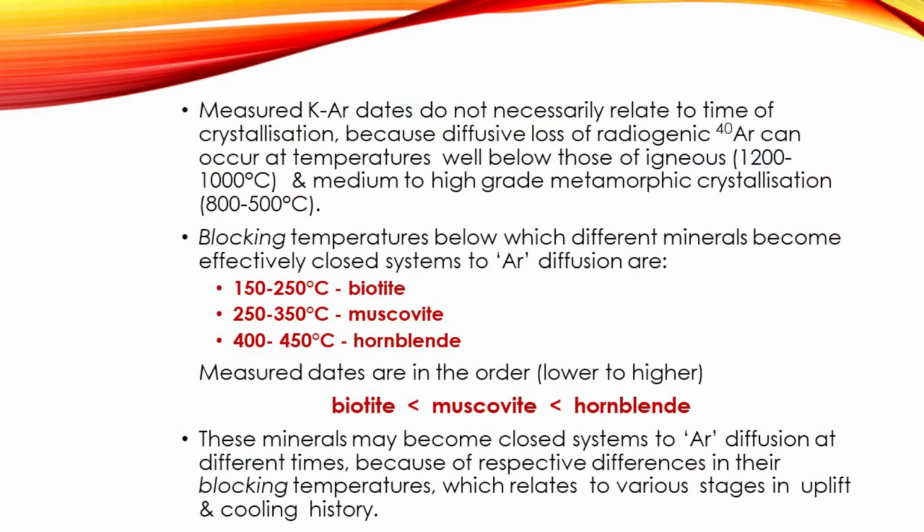between the individual grains. The measured potassium-argon dates do not necessarily relate to the time of crystallization because diffusive loss of radiogenic argon-40 can occur at temperatures well below those of crystallization of igneous rocks, that is 1200 to 1000 degrees Celsius, and medium to high grade metamorphic crystallization, that is about 800 to 500 degrees Celsius respectively.